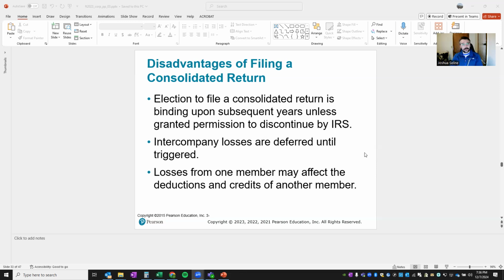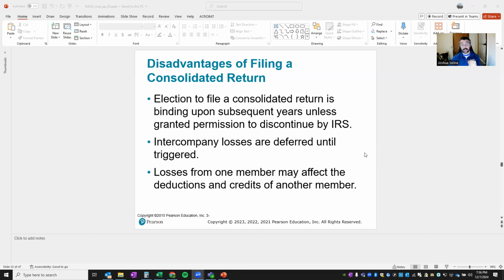Disadvantages of filing a consolidated return. The election to file a consolidated return is binding upon subsequent years unless granted permission to discontinue by the IRS, so you have to specifically request it. Intercompany losses are deferred until triggered, right? I can't trade back and forth with another company in this group and expect that I get to recognize the losses and they get to recognize the gain.